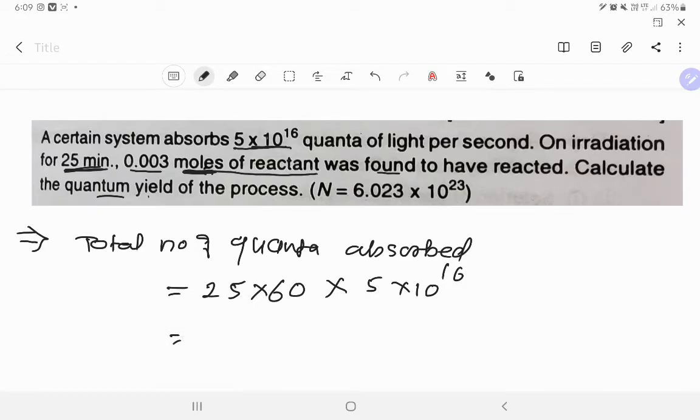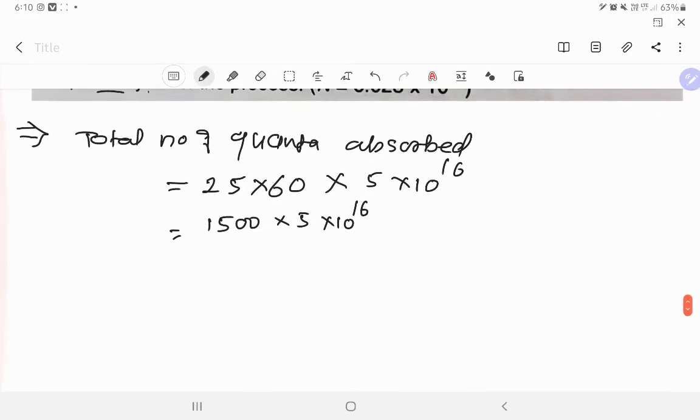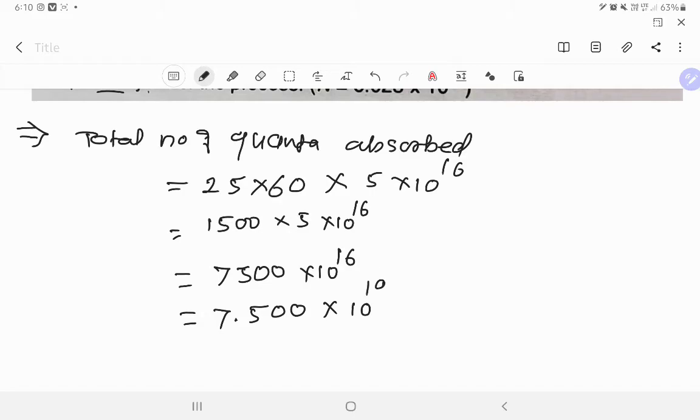25 into 60 becomes 1500 seconds, into 5 into 10 raised to 6. Total number of quanta absorbed will be 7500 into 10 raised to 6, or simply you can convert it to 7.5 into 10 raised to 9... 10 raised to 9 quanta are absorbed.